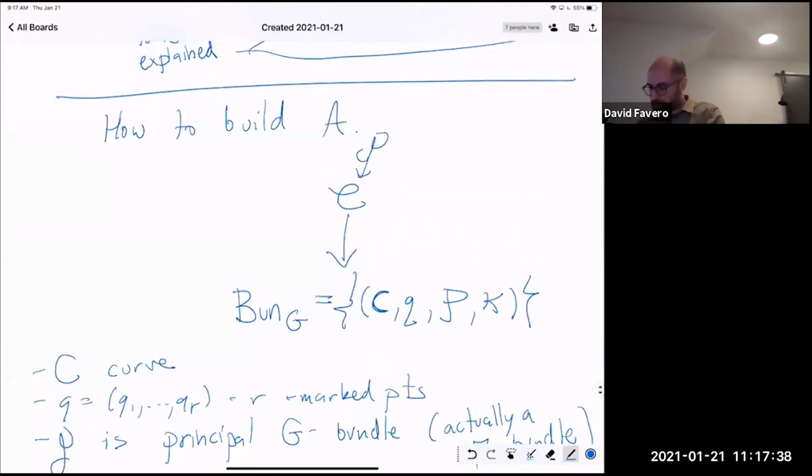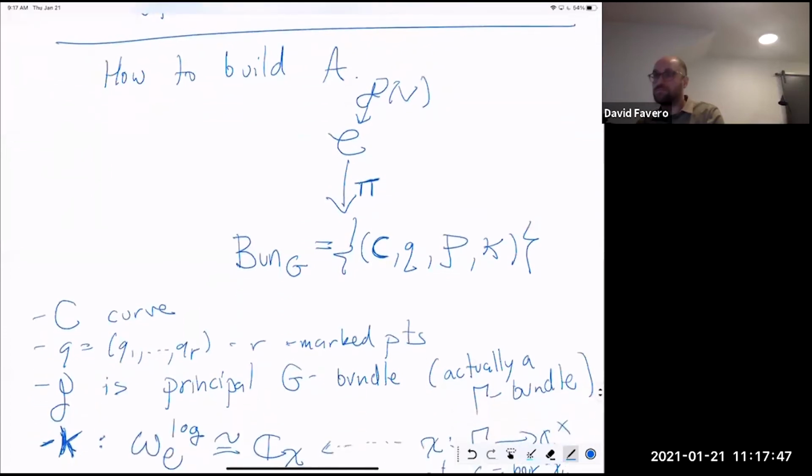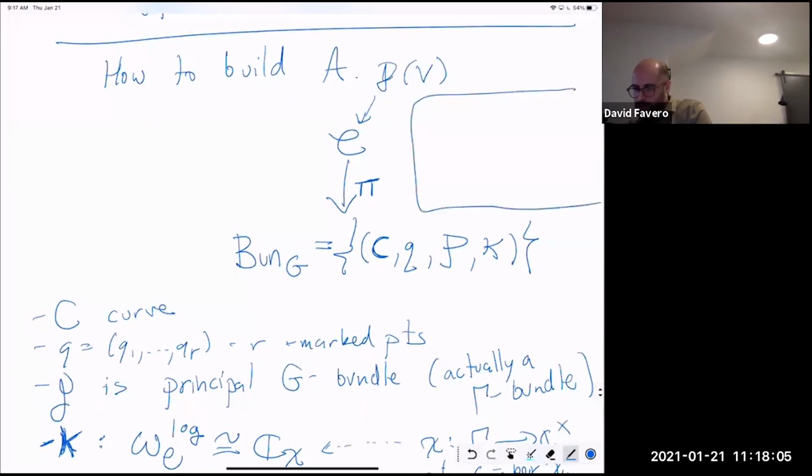Then I can take R pi star of this universal vector bundle, which is defined as you take the principal bundle, cross it with the vector space, and quotient by G. So this has a two-term resolution.